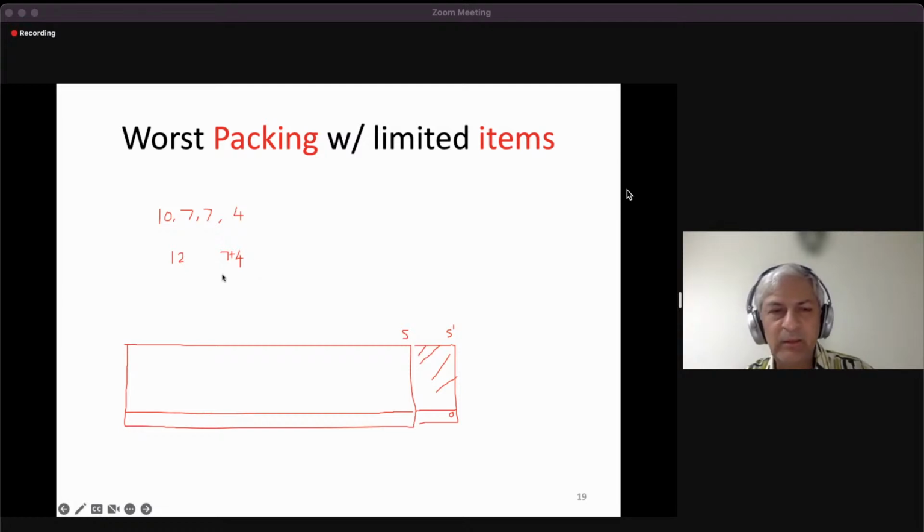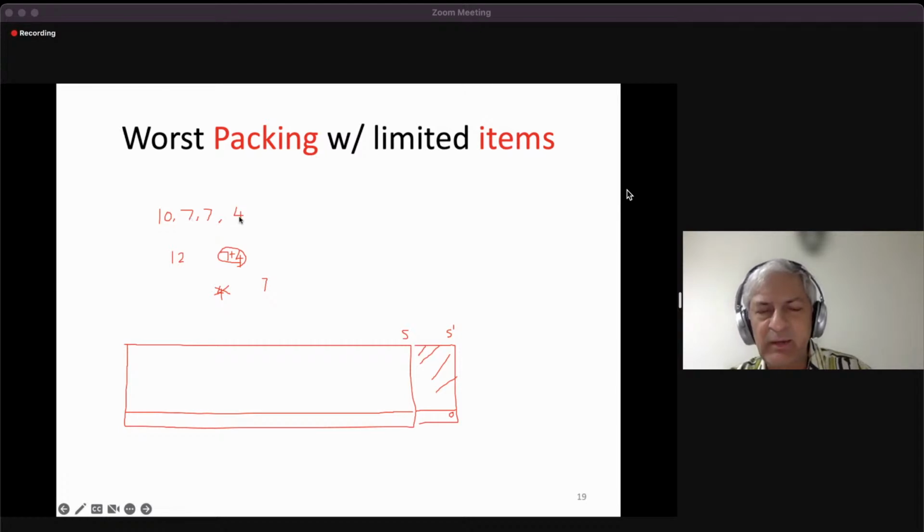Now this is the one that minimizes the wastage. What would maximize the wastage? If I took 4, then that wouldn't be right, because I do own a 7-cent coin, which I can add and will still be under 12. So if I start with a 4, that won't work out well for me. What if I start with a 7?